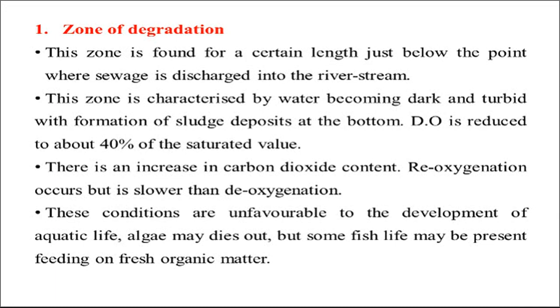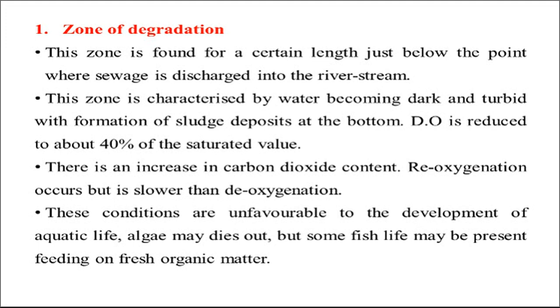This zone is characterized by water becoming dark and turbid with formation of sludge deposits at the bottom. DO is reduced to about 40% of the saturated DO, meaning if previously DO is 100% saturated, then DO will deplete to 40% of saturated DO.